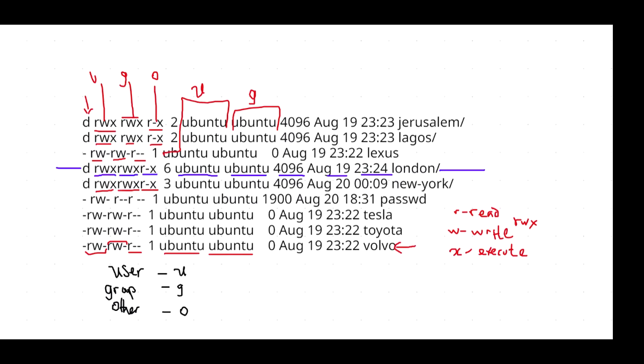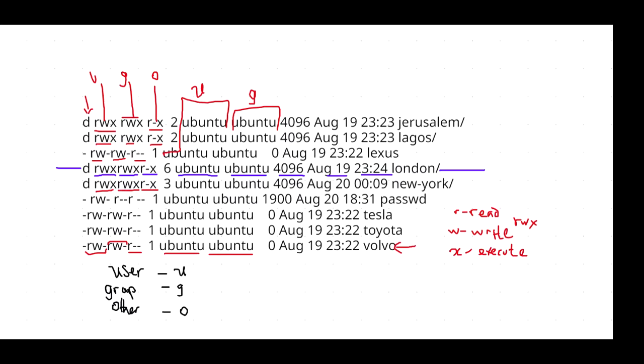So as far as user is concerned, this is the permission for users. As far as group is concerned, this is the permission for group. And for others, this is the permission for others. So we are saying Ubuntu user has read, write, execute permission over London. Group has read, write, execute permission over London. And others have read and execute permission only over London.